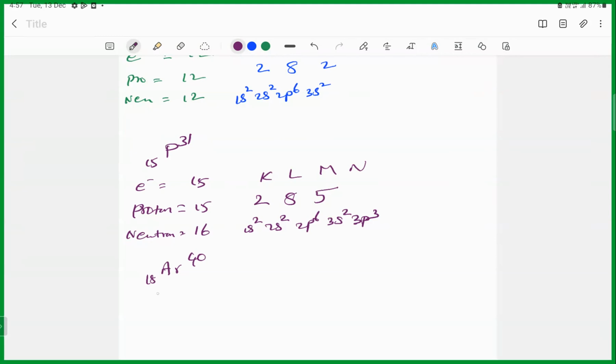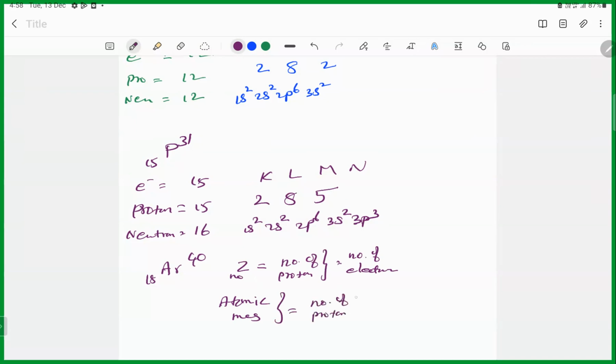So if you want to calculate the number of protons, neutrons, and electrons, first understand that the atomic number is equal to the number of protons, or otherwise the number of electrons. Atomic mass is equal to the number of protons plus the number of neutrons.